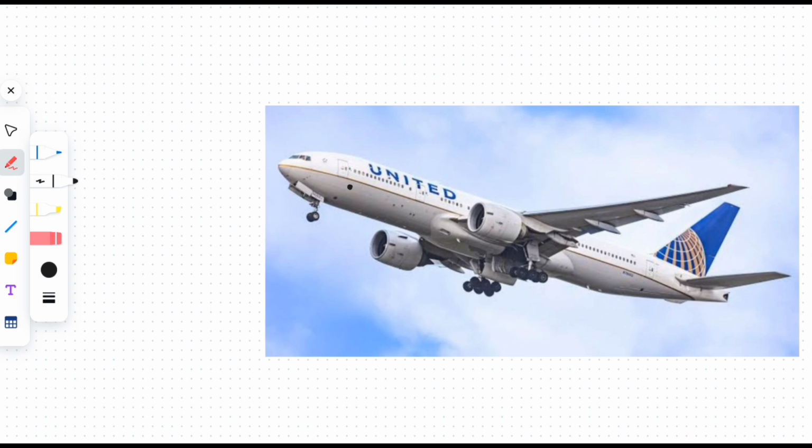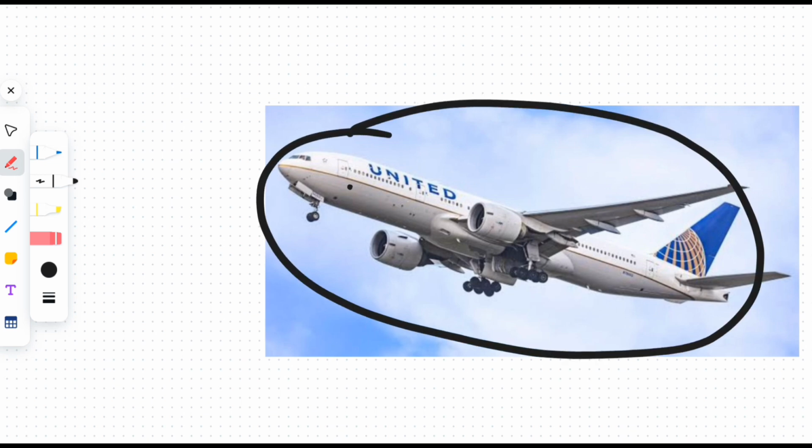First, listen. This is an aeroplane. If you see, there are one, two, and three doors in front of our eyes, which is a United plane.